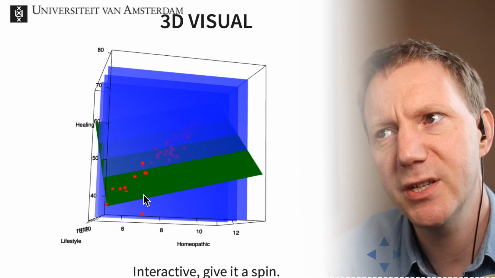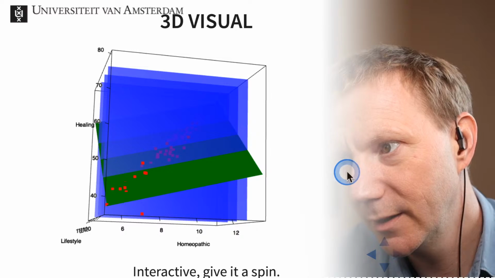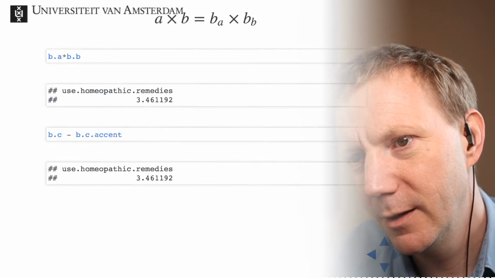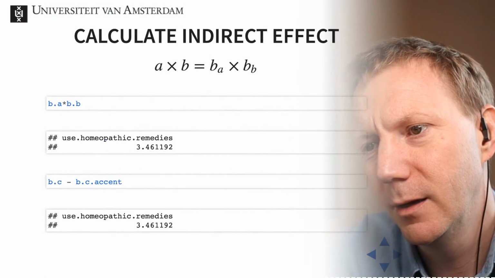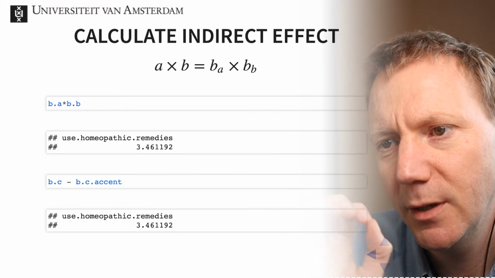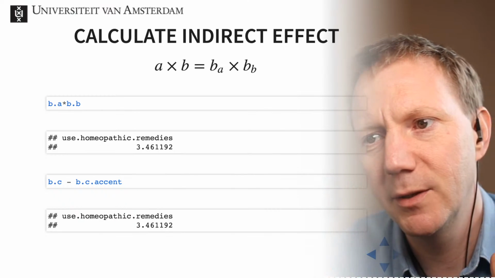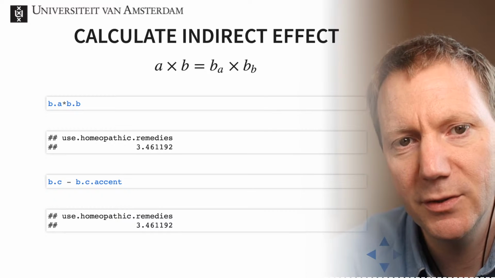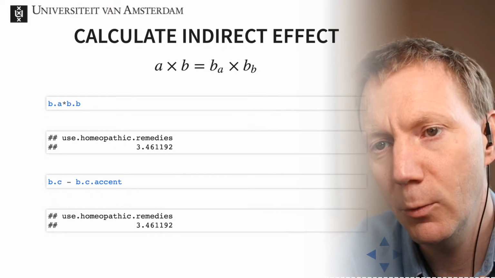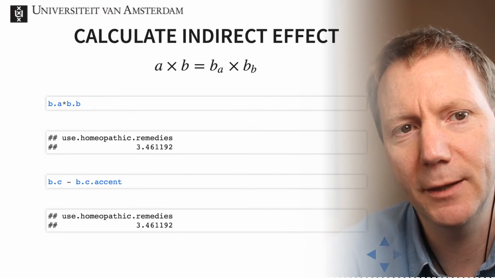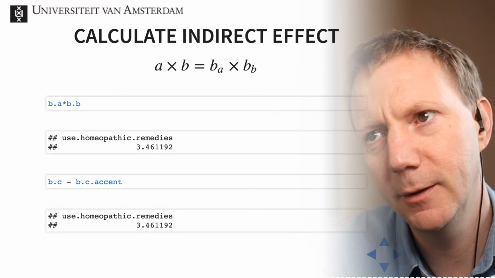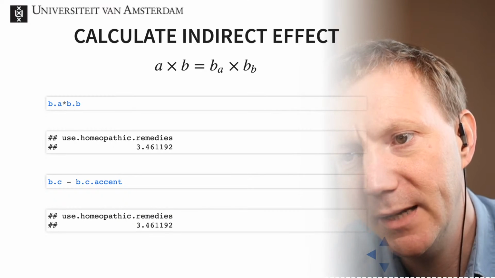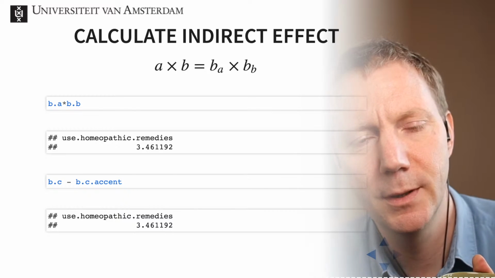So if we just subtract the corrected beta coefficients from what we had initially, then we know what the mediator actually does.